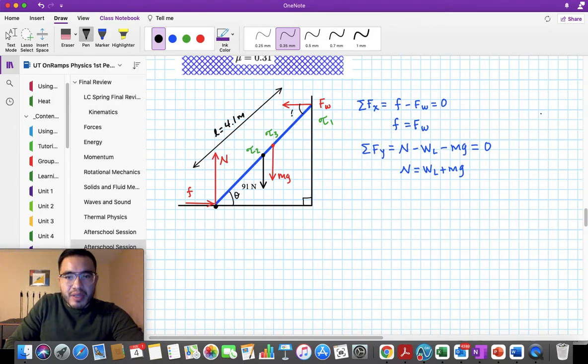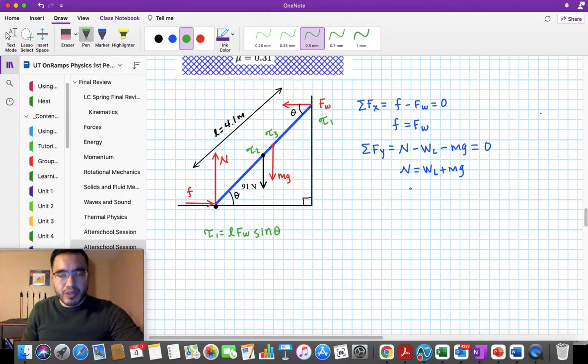So this is theta as well. So then we have that torque 1 is the radial distance, that is L, times the force of the wall, times the sine of this angle, which is theta.